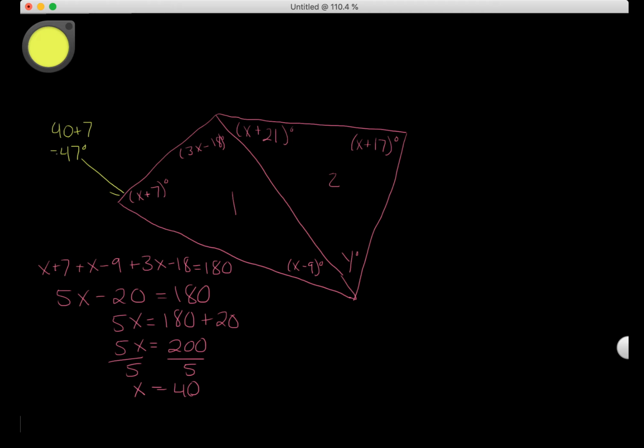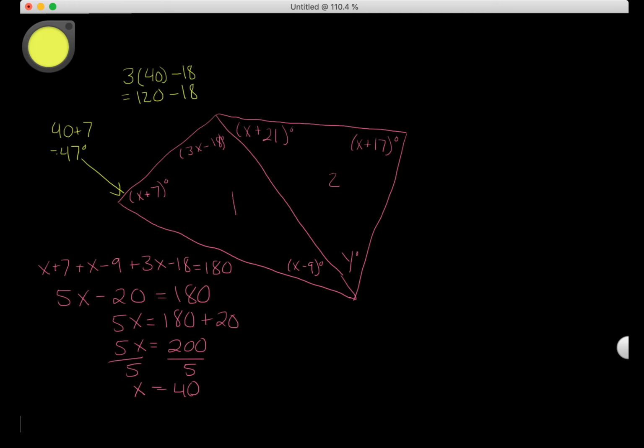Okay, this one up here, we have 3 times x minus 18. So 3 times 40 minus 18. 3 times 40 would be 120 minus 18. 120 minus 18 is going to be 102. So 102 degrees right here.